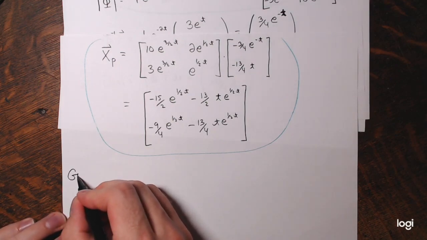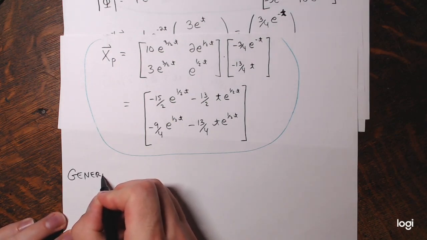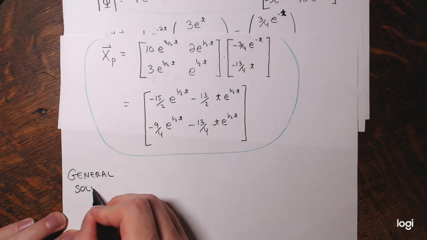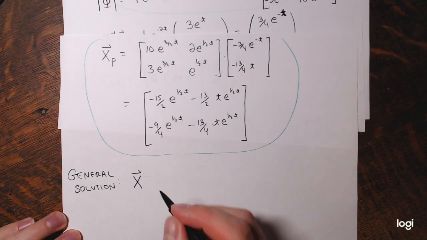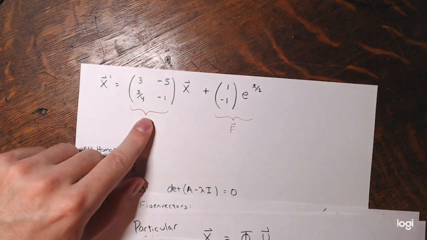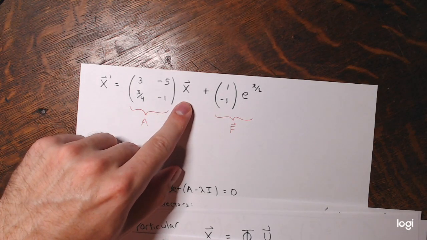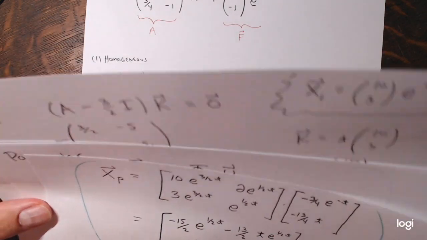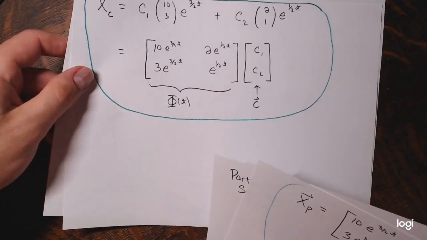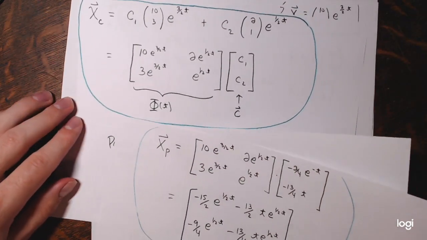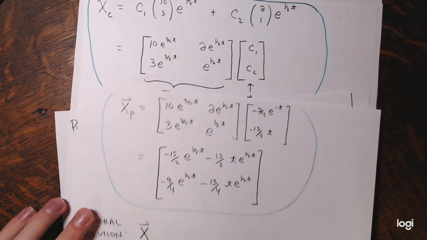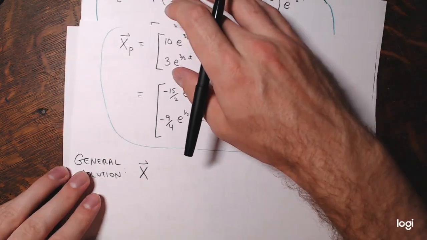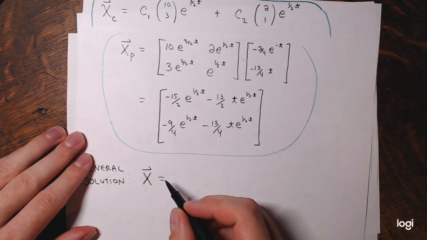All right, so our general solution, finally. These take a bit. So our general solution to the original non-homogeneous system, going all the way back to this system, x, is the following. It is the complementary function, the general solution of the homogeneous system.